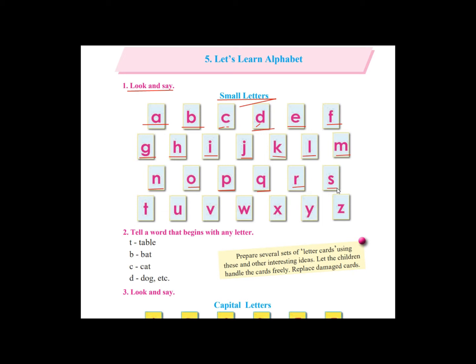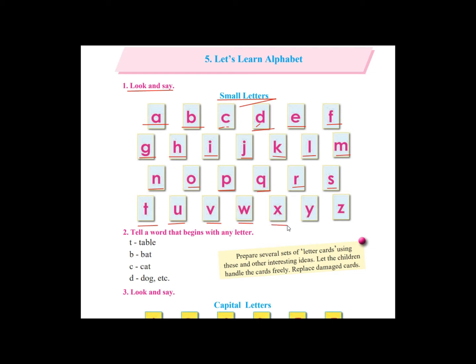S. S for sun. This is T. T for tiger. U. U for umbrella. V. V for van. W. W for watch.